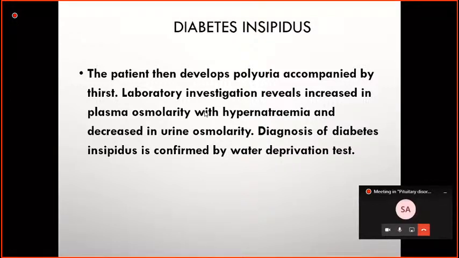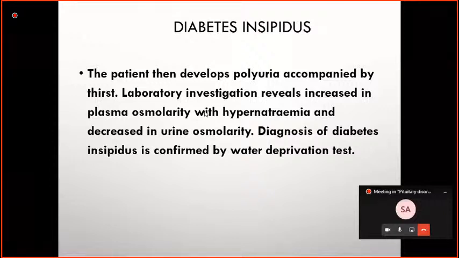You want to try to stimulate the production of your vasopressin by creating a condition with a very high plasma osmolarity. So in a normal person, if you deprive the person of water, so you stop the water intake, the patient will produce ADH in order to conserve water.